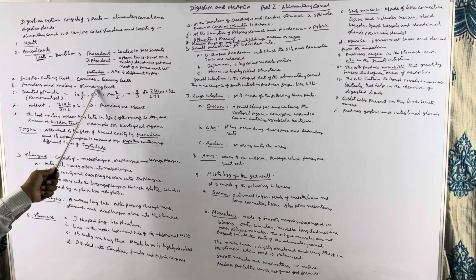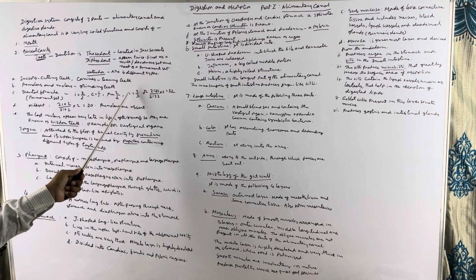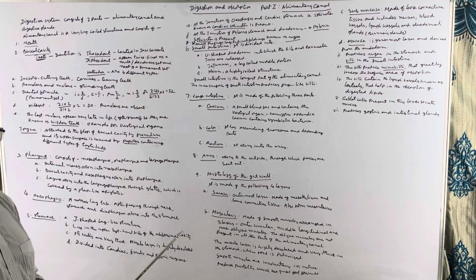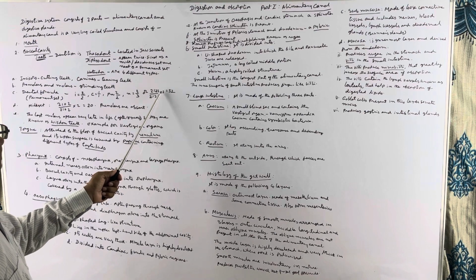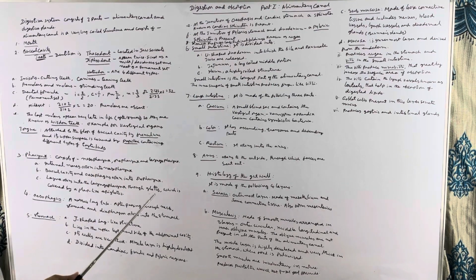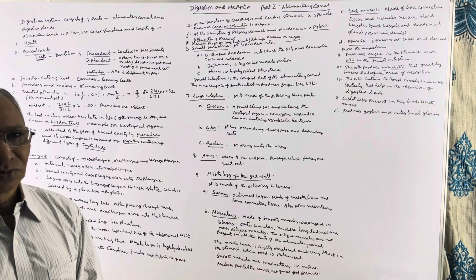Canines on the upper jaw 1, lower jaw 1. Premolars 2 each on upper jaw and lower jaw. Molars 3 each on upper jaw and lower jaw. Then if you multiply these by 2, we get the total number. That is, the total number of permanent teeth in human beings is 32.